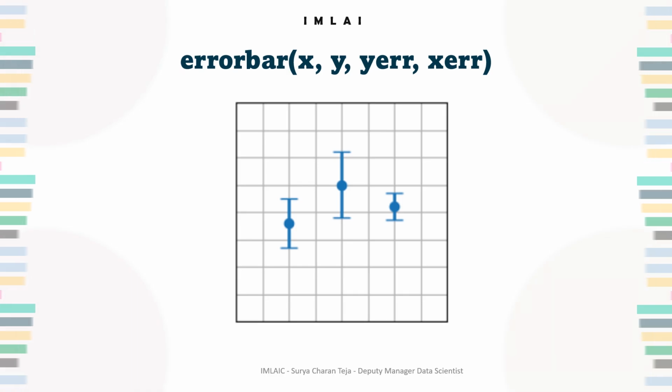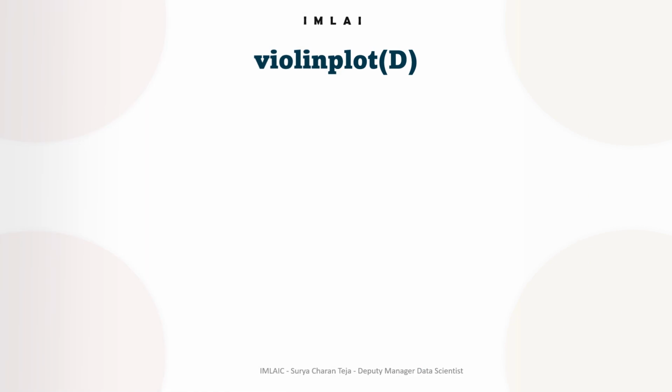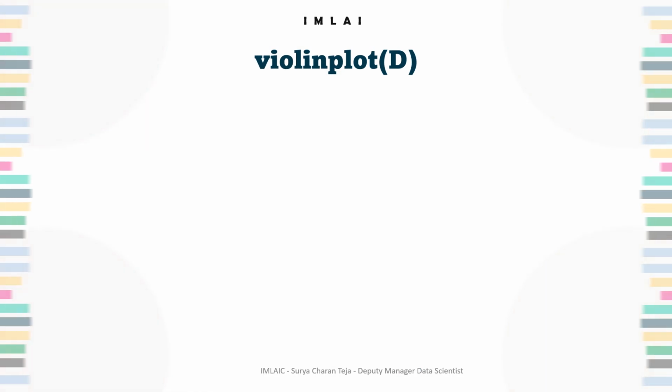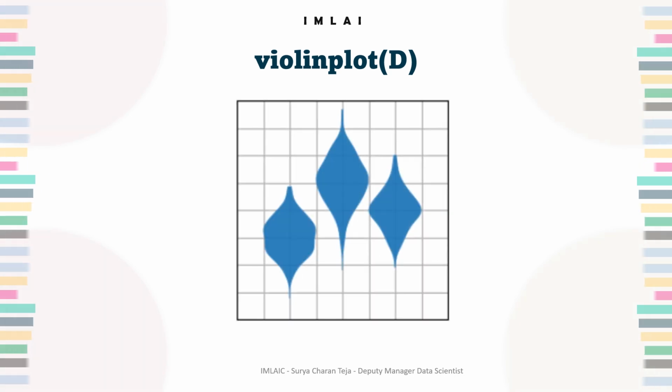Now it's time to look into a much more advanced and complex plot that's called a violin plot. What is a violin plot? A violin plot is a hybrid of a box plot and a kernel density plot, which shows peaks in the data.